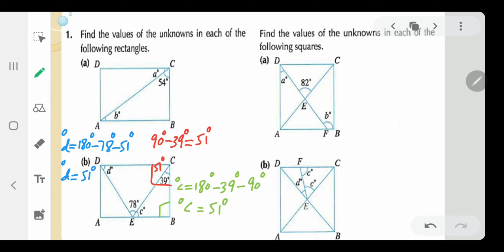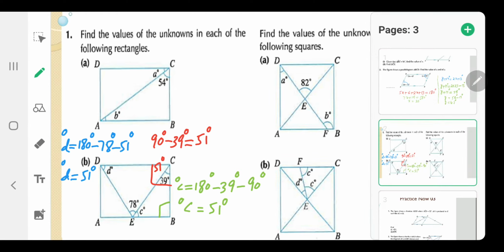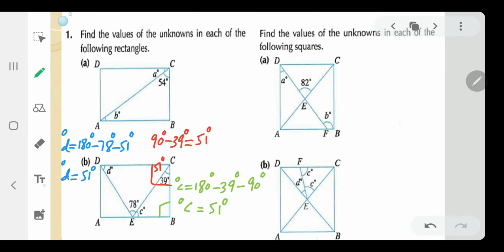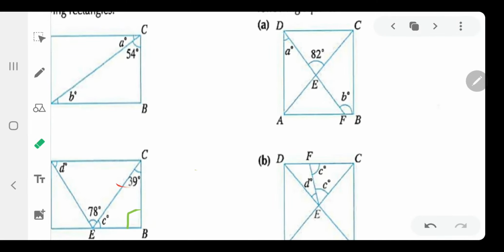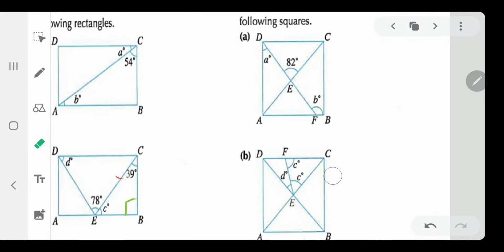Now by using a similar concept, we will solve this part D, right? In this part, we are more interested in finding the value in this diagram, which is here.